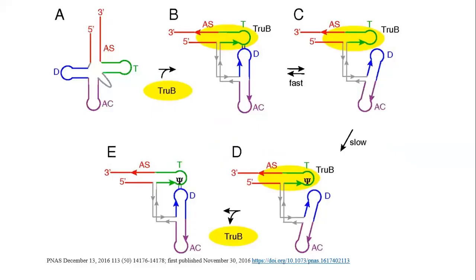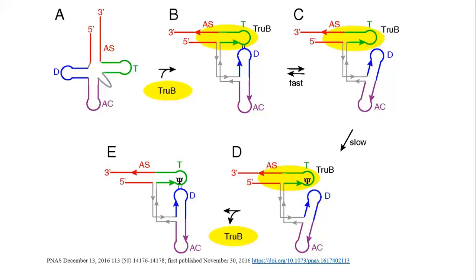And how can this folding be achieved? In a recent article, it was published that TrmB is a chaperone protein that is essential for this folding of tRNA, which is active with the action of a protein present at the 3' arm of the tRNA.